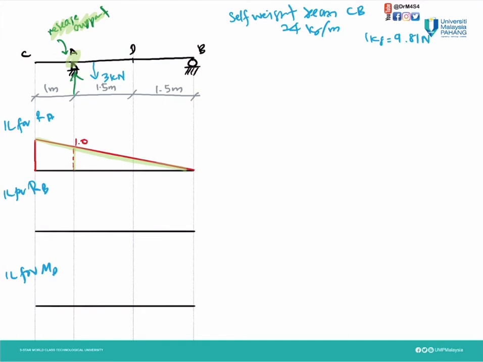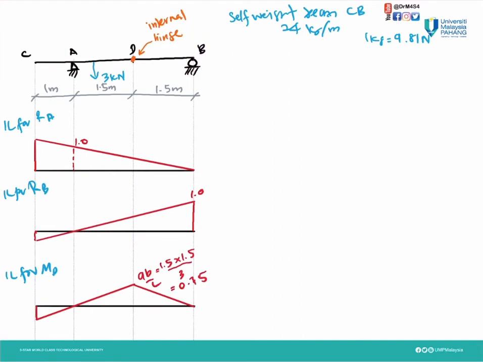So this is the influence line. Next, we draw the influence line for RB. We release the support at B, then apply the force, so 1 unit here. Hold at A, so this is the influence line for RB.